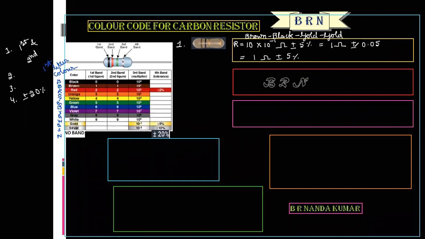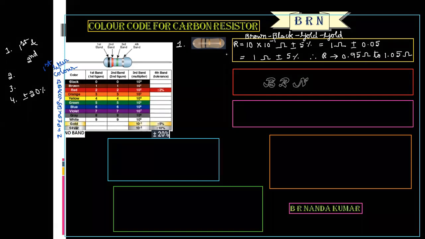So therefore here the resistance lies between 0.95 ohm to, so 1 plus 0.05, that is 1.05 ohm. Okay, so what is the answer?